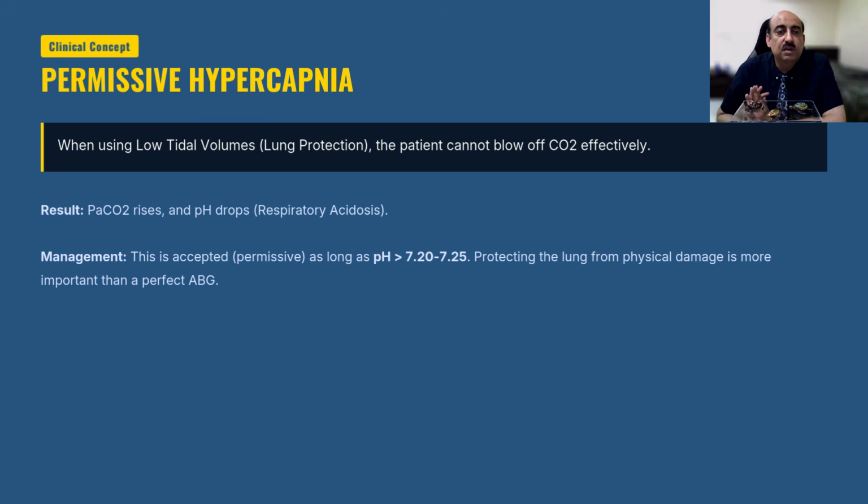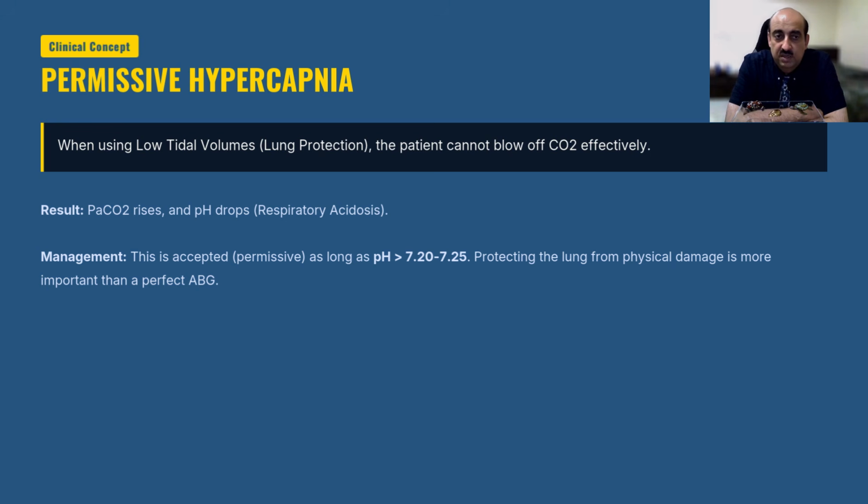So the clinical pearl for question number 3 is the concept of permissive hypercapnia, which is linked with lung protective ventilation. Whenever there are low tidal volumes, as we were trying to achieve in this case to aim for lung protection, obviously the patient will not be able to blow off carbon dioxide effectively, which can lead to respiratory acidosis.